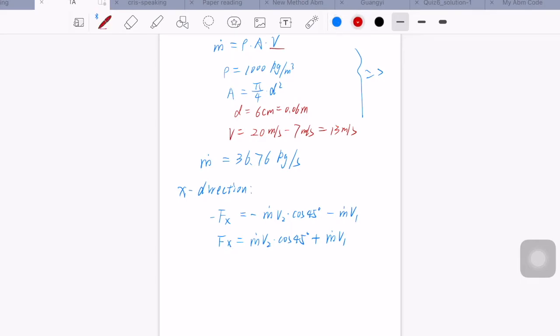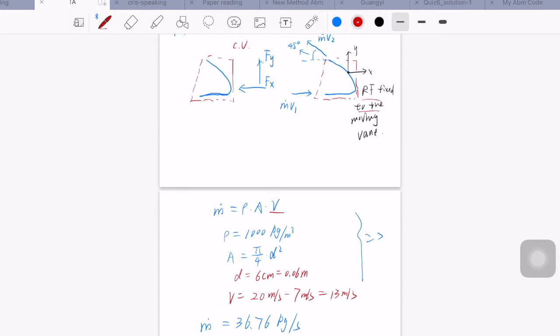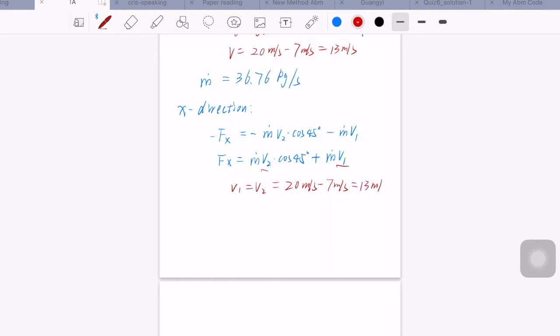And v1 and v2 are the velocity of the water relative to the reference frame. At the beginning, we assume that the reference frame is fixed to the moving van. So v1 should be equal to v2, which equals 20 meters per second minus 7 meters per second, so equals 30 meters per second.